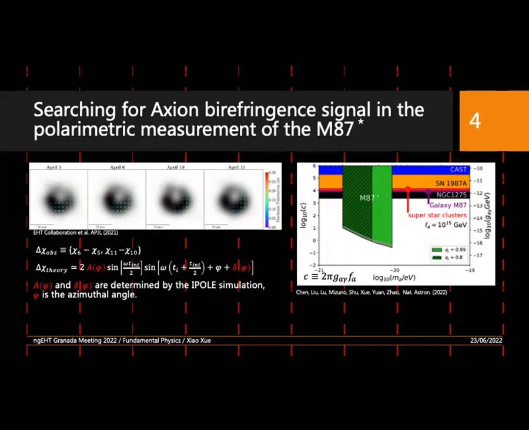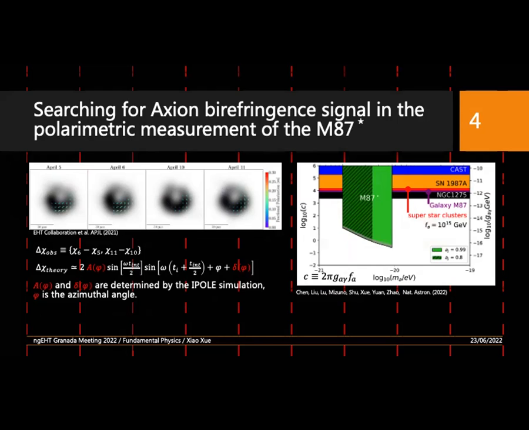As you can see, the data can be easily separated into two pairs. The first one is between April 5th and April 6th in 2017, and the other pair is between the 10th and the 11th.